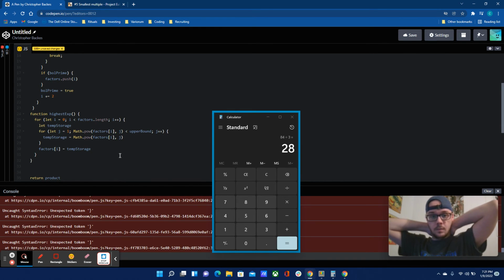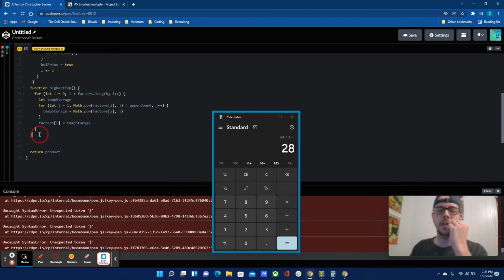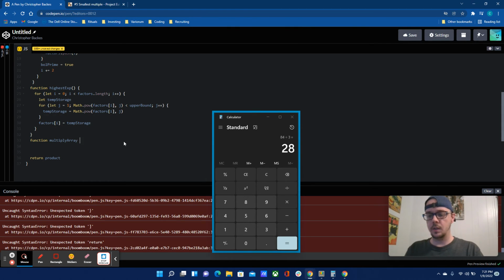Okay, that should be right. So that's now raising each exponent. And then the last thing we need to do, and again, might as well make this a function since we're already doing that elsewhere, let's multiply each of the elements of the array together.